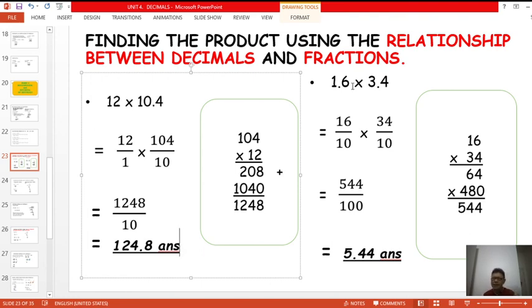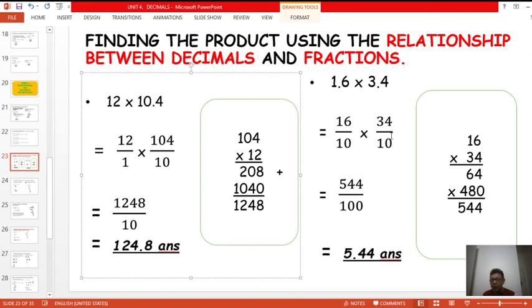It's only one decimal place, so that means this is on the tenths place. Your denominator will be 10. So we have 16 over 10 times, again also one decimal place, 34 over 10. As simple as that.